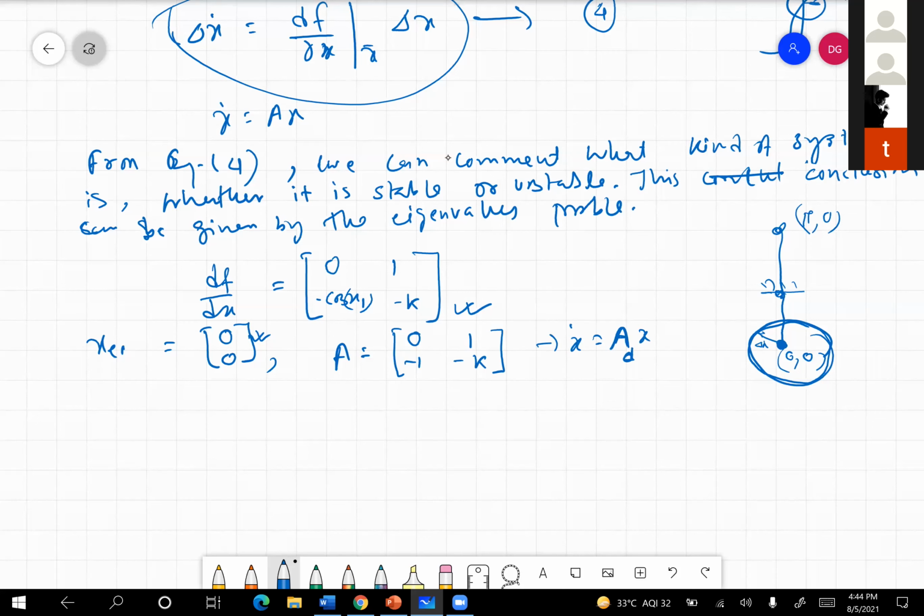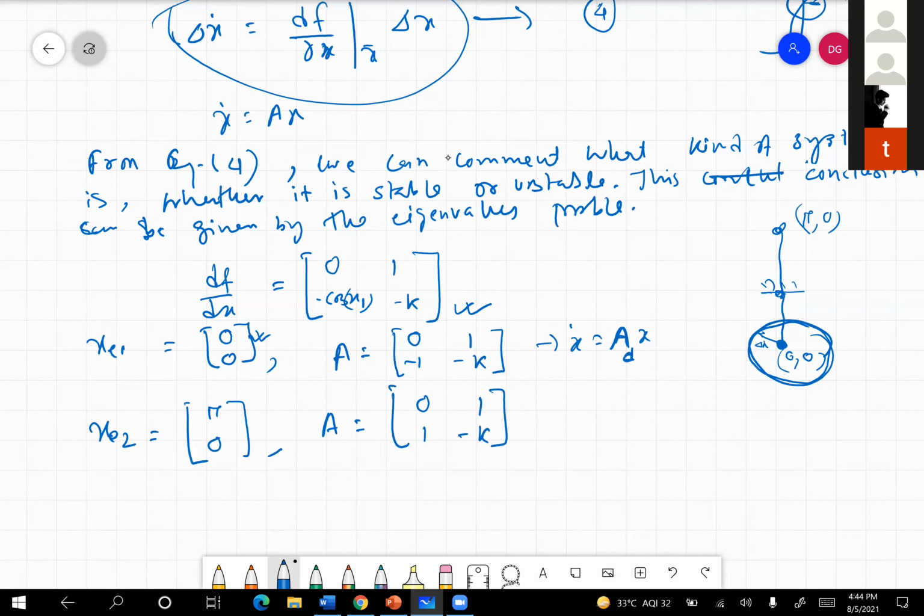And now we'll find our system at the second equilibrium point. So at the second equilibrium point, the equilibrium point is pi and 0. And the A matrix is 0, 1, 1, and minus k.